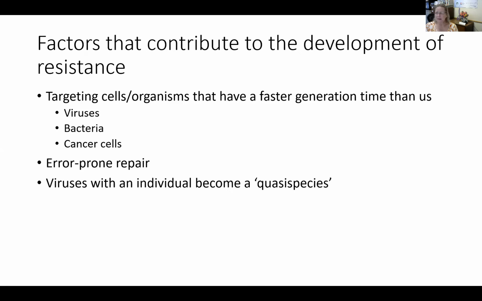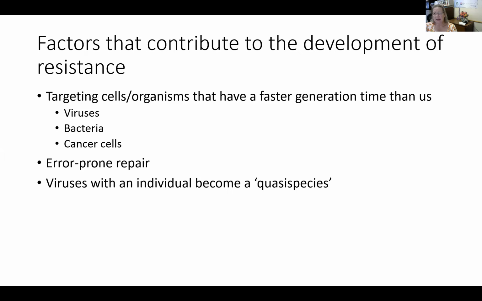And viruses, for instance, within an individual become what we call a quasi-species. So if you look at someone, for instance, with HIV, this is a retrovirus that gets inserted into the cells, and as it replicates throughout the body, it exists in the body over many years.